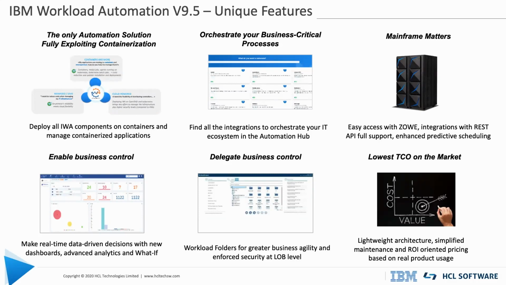So basically, all distributed components are containerized. Workload console, the server on the distributed side, but also the agents are containerized and can be deployed on many different Kubernetes platforms. We have the automation hub to enable the orchestration of many different applications.